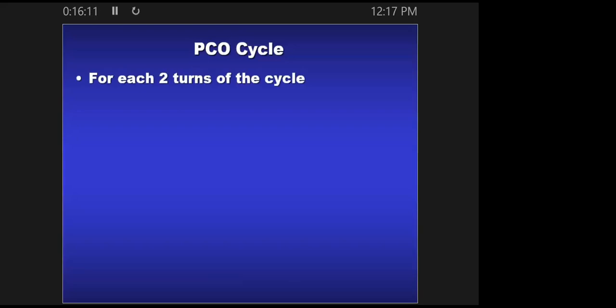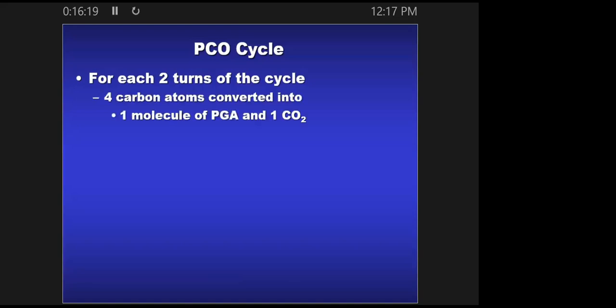All right, so the way they phrase it, for each 2 turns, the front half of it has to run twice. You get 4 carbons from that, because that's 2 glycines, that's 4 carbons. And from that, you'll end up with a PGA, which is good, but you'll lose a carbon as CO2, which they don't consider very good when the plant's trying to grab CO2 and fix it.